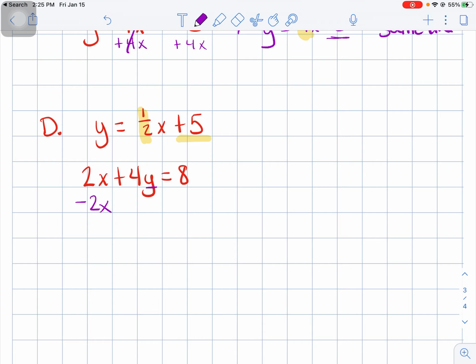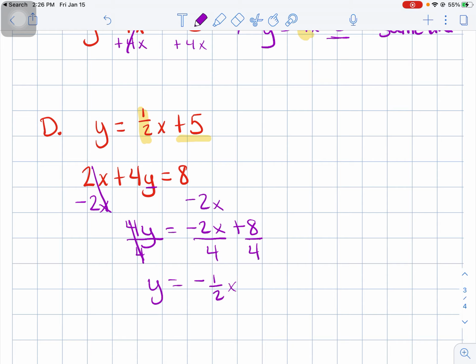Minus 2x, minus 2x. So these are gone. So we're left with 4y equals negative 2x plus 8. And now we got to get y alone more, so we divide by 4 on every piece. So we get y equals negative 2 fourths, can reduce down to 1/2 x plus 2.